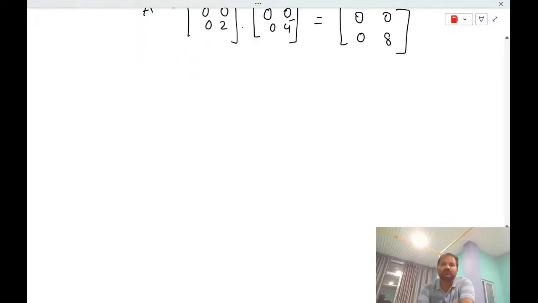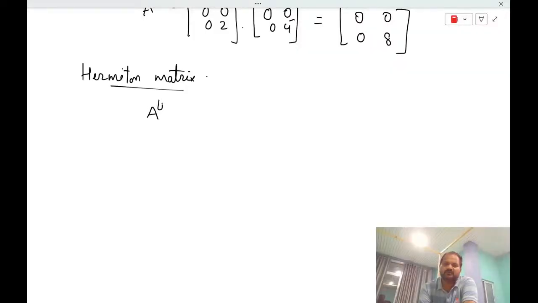Okay, now the next one is the Hermitian matrix. What is the Hermitian matrix? If A is a square matrix and A theta is equal to A. A theta represents the transpose conjugate.